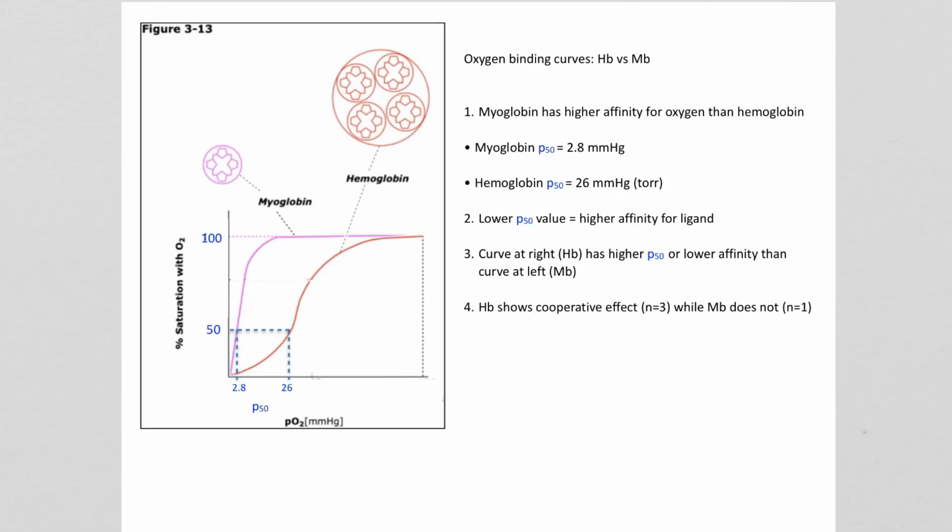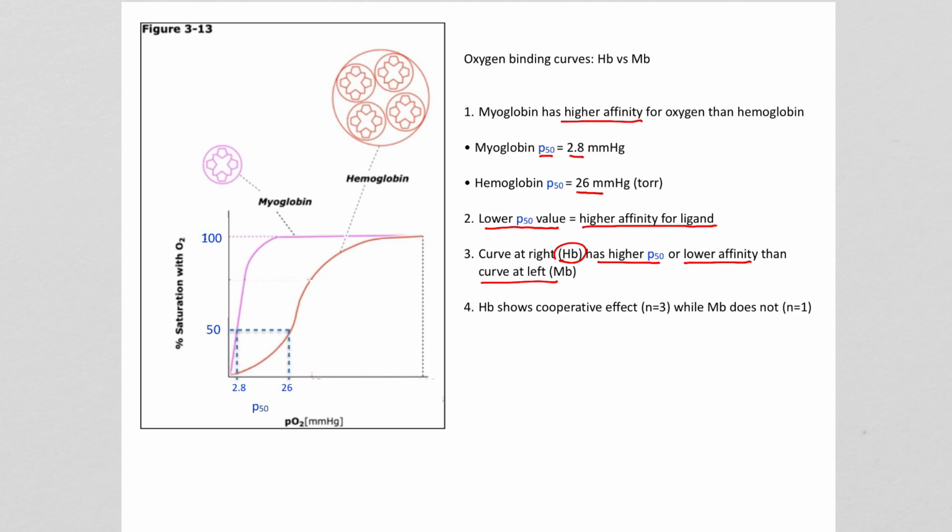Just to summarize, the P50 for myoglobin is only 2.8 compared to hemoglobin, which is 26. Since myoglobin has a lower P50, it has a higher affinity for oxygen. So the lower the P50 value, the higher the affinity for the ligand. Hemoglobin's curve is on the right, which means it has a higher P50 and lower affinity for the ligand oxygen.